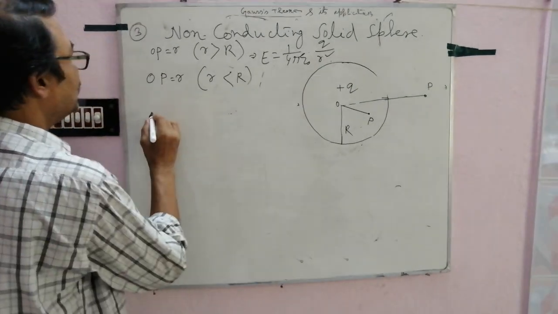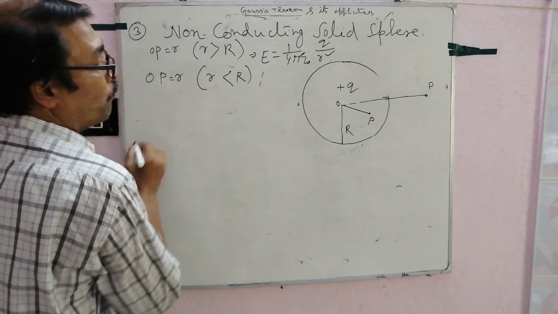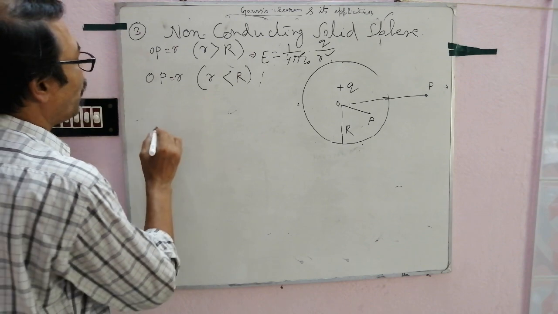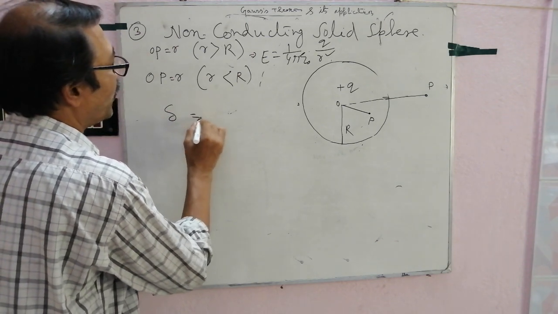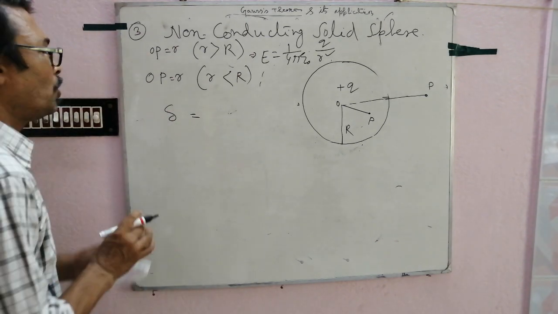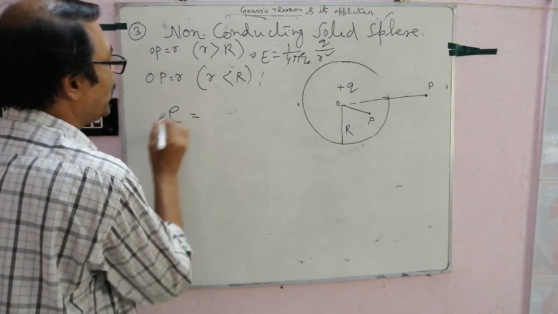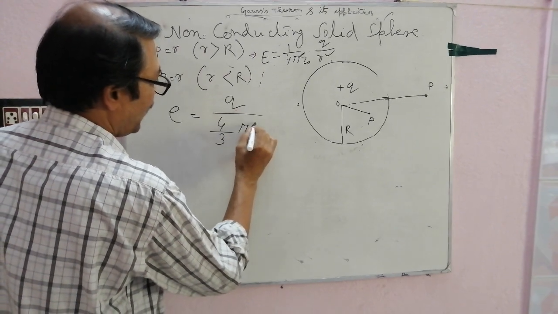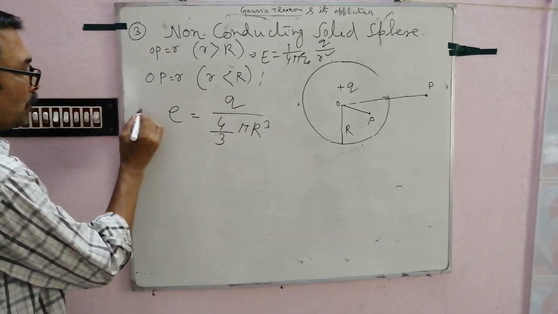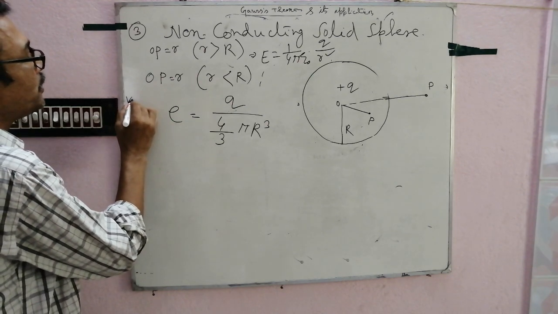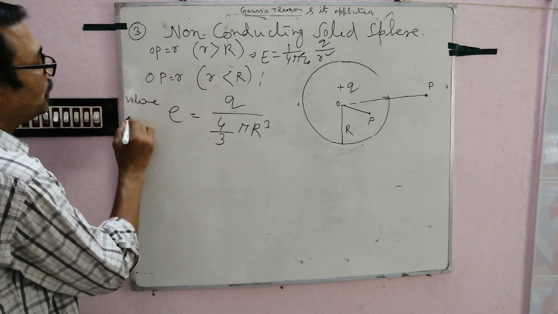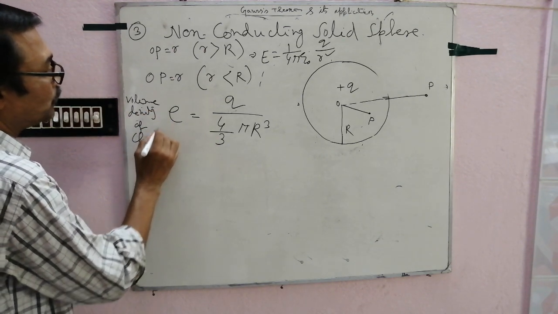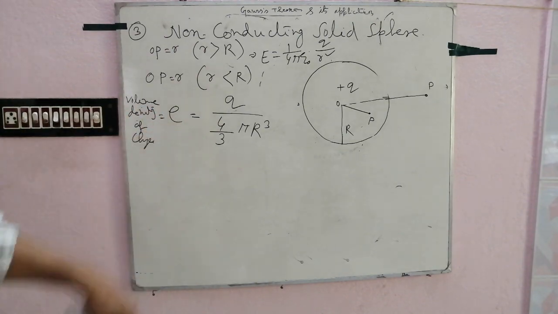Total charge Q, the volume density of charge, that is charge per unit volume, suppose this is rho, equal to total charge Q by 4/3 pi R cube. Charge per unit volume is the volume density of charge rho.